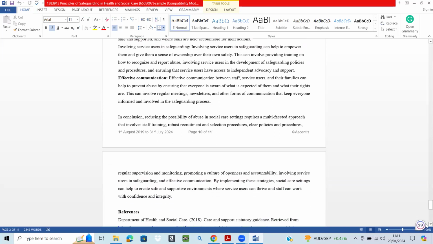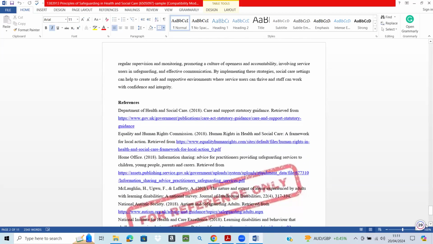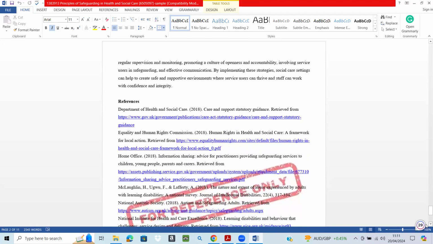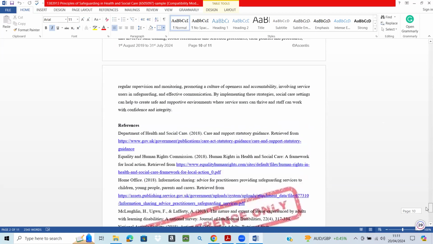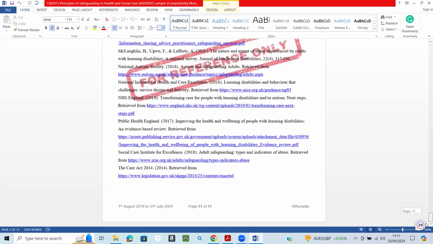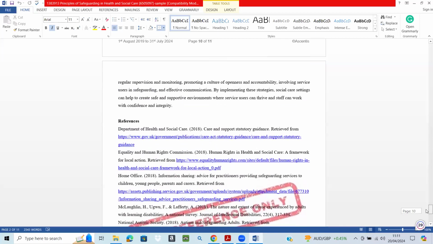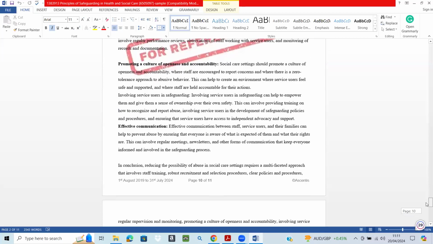We need to write those, and look, in the end we have references. The references should be in Harvard referencing style. They have, I think, a lot of references, so it should be a minimum of 10.